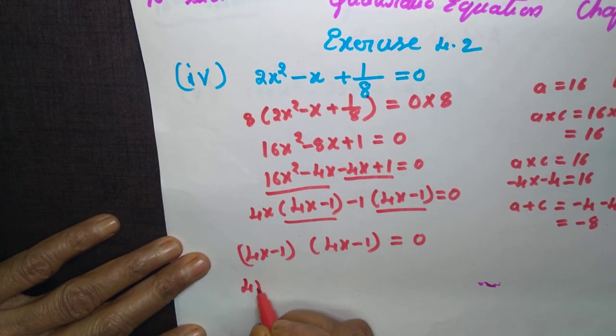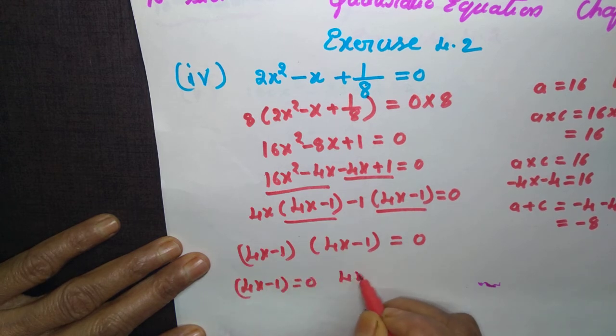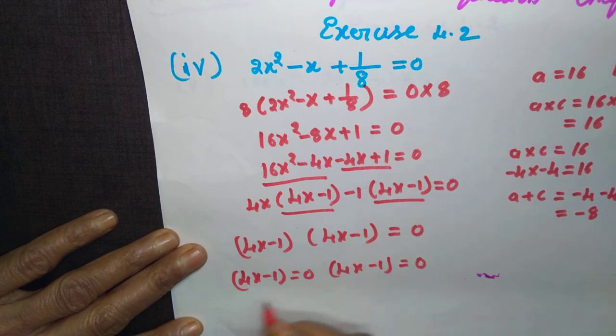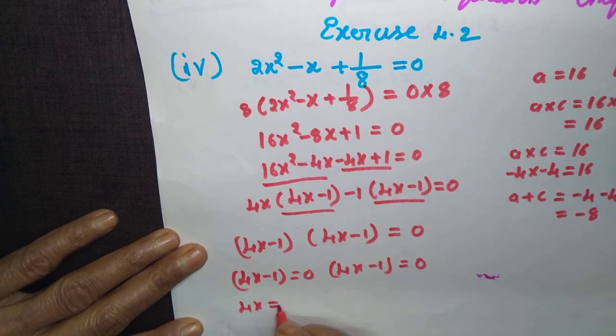Then 4x minus 1 is equal to 0, and this 4x minus 1 is also equal to 0. Then 4x is equal to 1, therefore x is equal to 1 by 4.